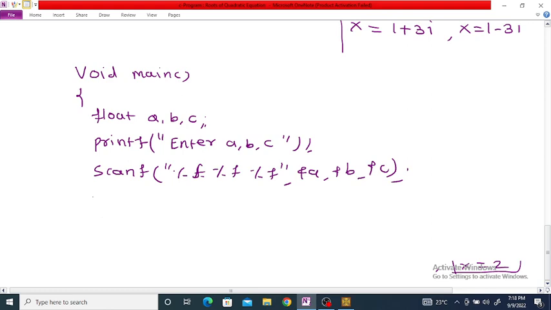Then we are going to determine the discriminant, so we are going to use d only. So what is d here? D is equal to b square minus 4ac.